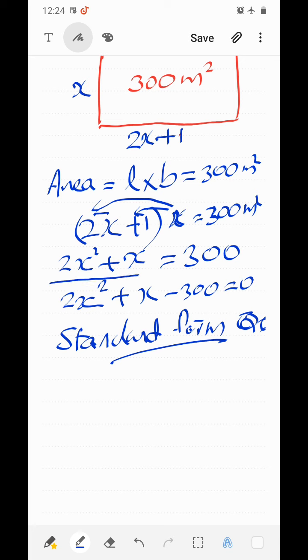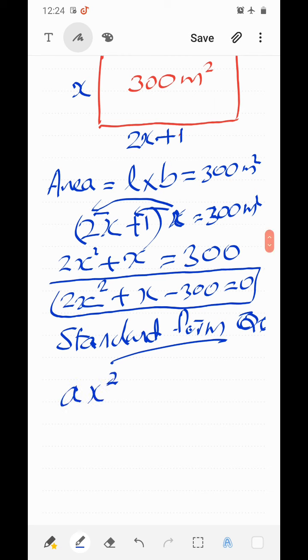So look at this one. We can make a standard form of this itself. We can say ax square plus bx plus c is equal to 0, if x is the variable. This is the standard form of a quadratic equation.